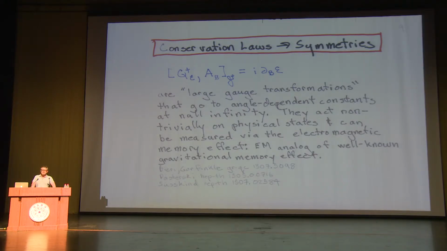We can see what the charge creates very explicitly, and there's an associated Ward identity, which is the soft photon theorem. These symmetries are the QED analog of the BMS symmetries.